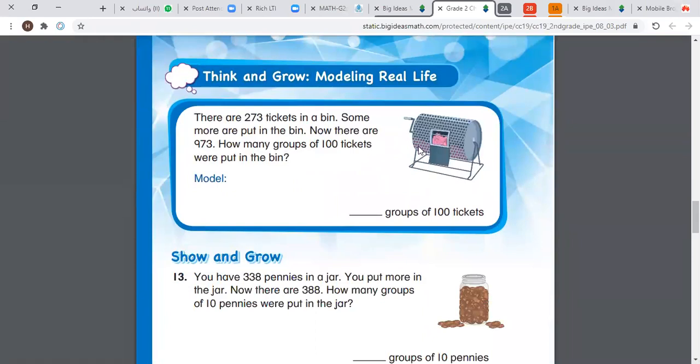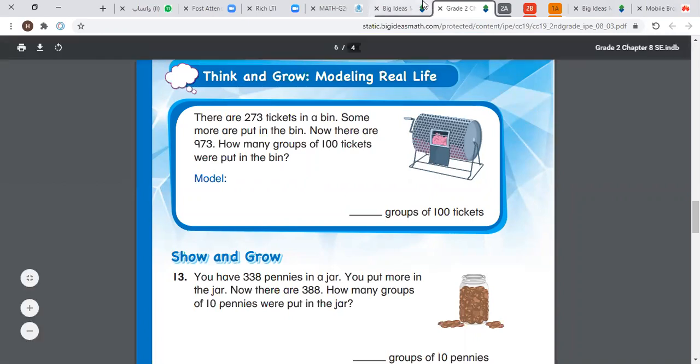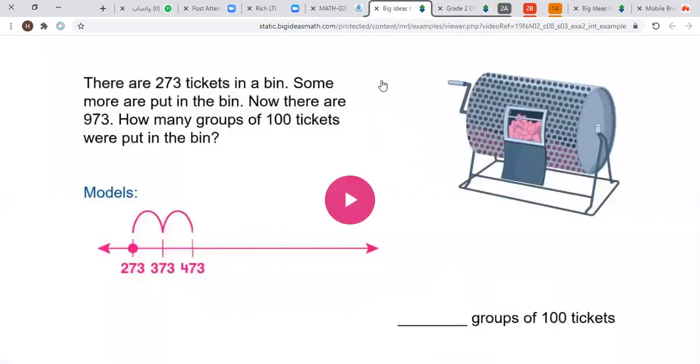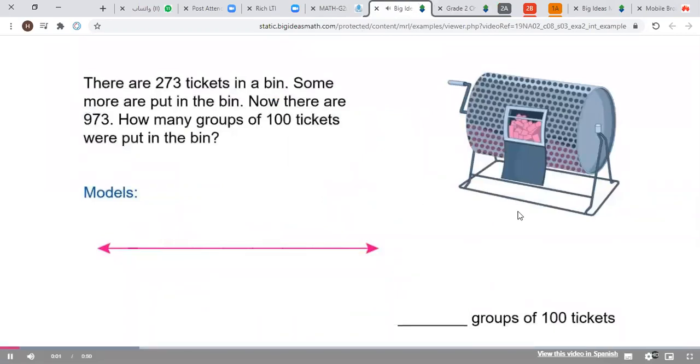Now let's answer this question. Grade 2, I'll show you a video about this question as usual, so please pay attention to understand it well. There are 273 tickets in a bin.